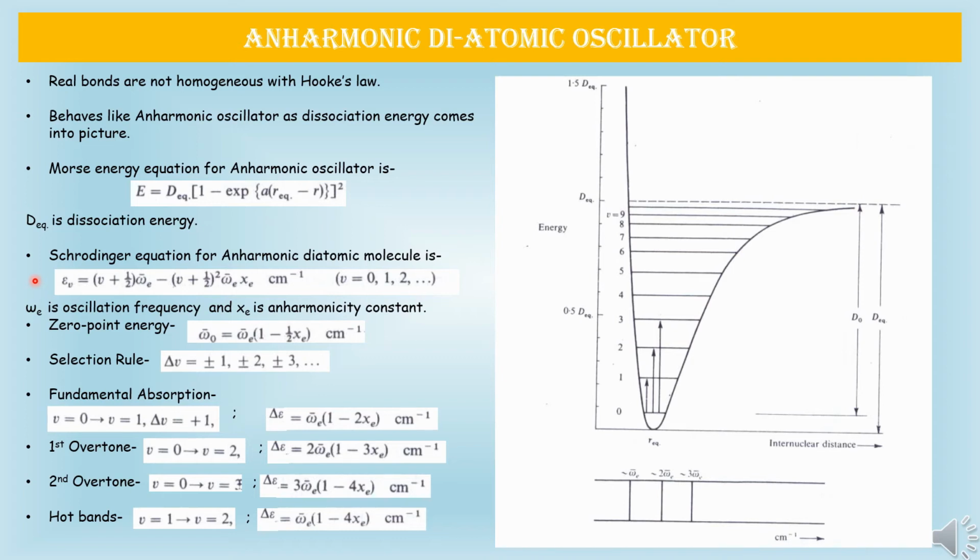Now comparing the energy levels of the harmonic and anharmonic oscillator, we get that the anharmonic oscillator behaves like a harmonic oscillator with an oscillation frequency which steadily decreases with the value of V, the vibrational quantum number.